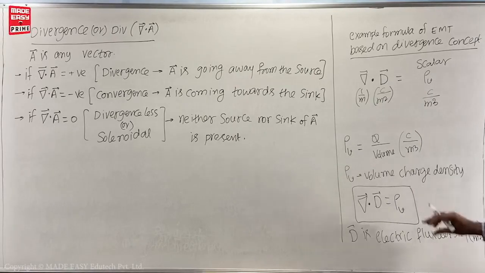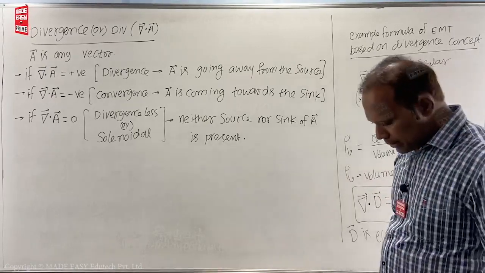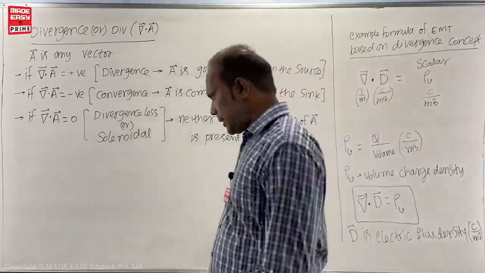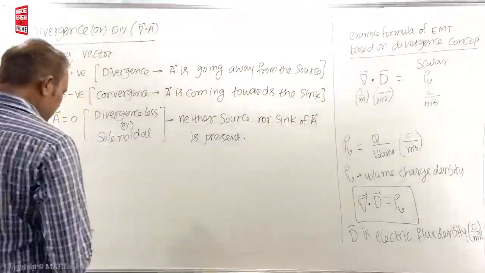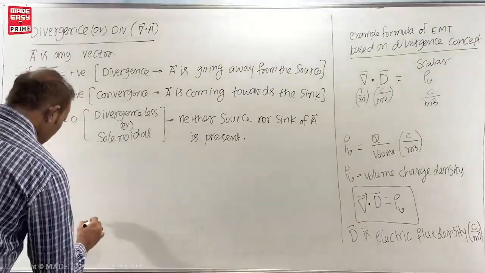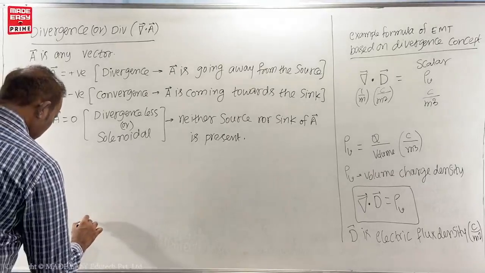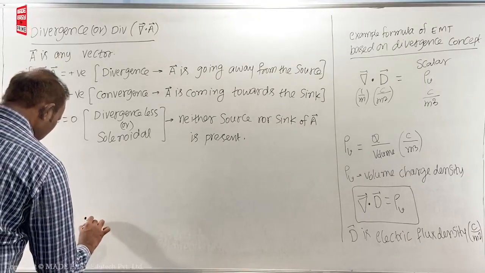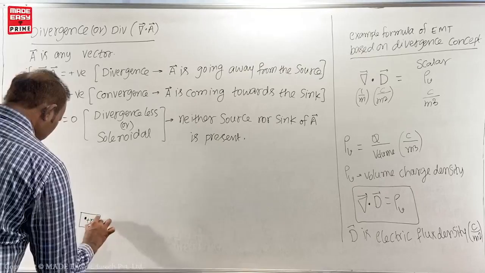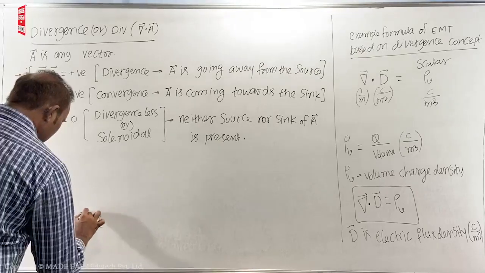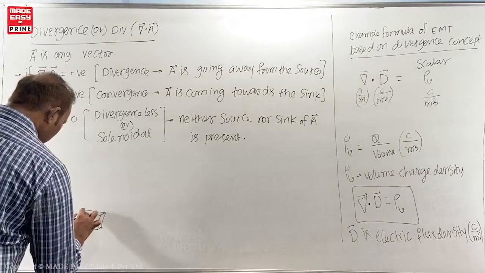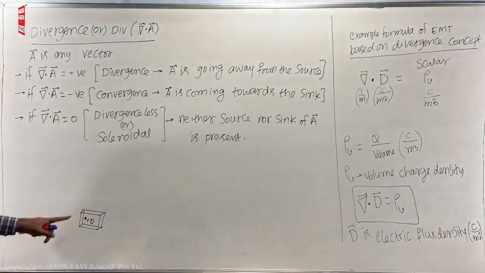Now I will take one example here so that you will understand. First, I have taken some positive charge, plus Q, in this volume. Here I am considering one volume.